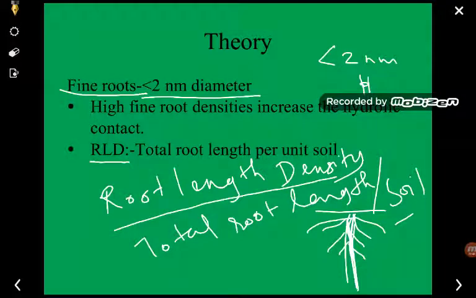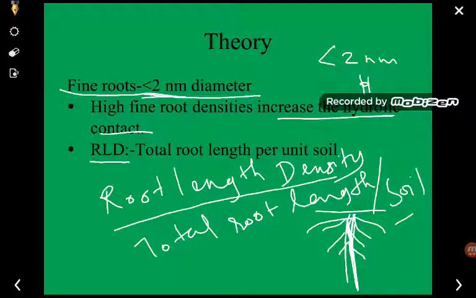And one more term, that is fine root length. You know what we mean by fine root? Those roots which have a diameter less than 2 nanometer. If a plant has a very high number of fine roots, then we can say that it will increase the hydraulic contact, and these fine roots make water and nutrients more available to the plants.